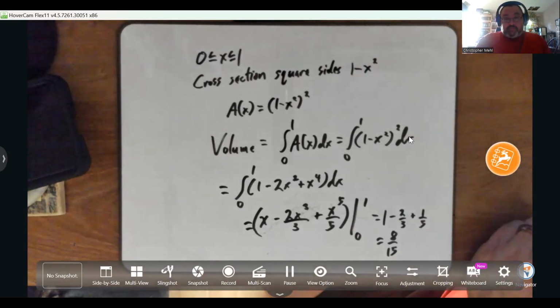Okay, so that's our first example. We can look at a second example here.